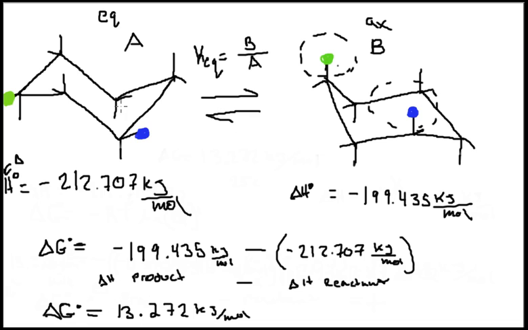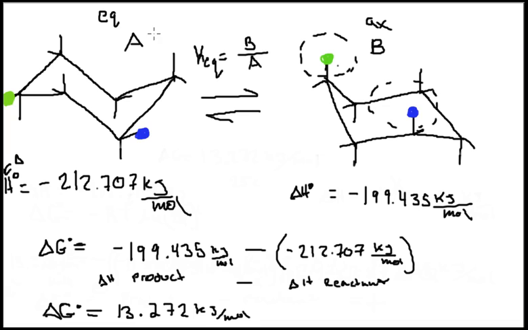So what does that tell us about these two relative to one another? Well, if going from A to product B is not spontaneous, then A must be of greater stability than B, right? So take some time to think about that. If we look at B as the product, then this is not spontaneous.